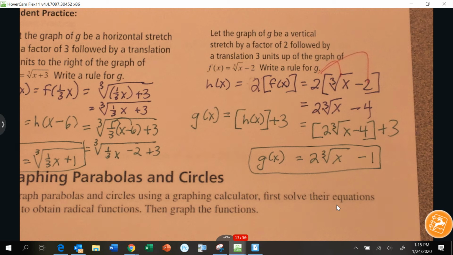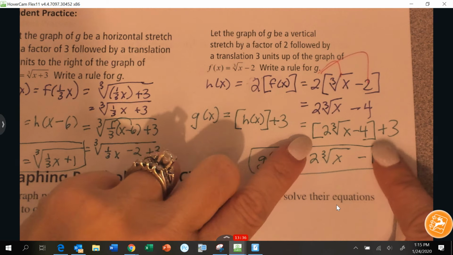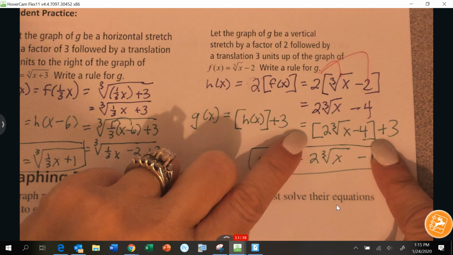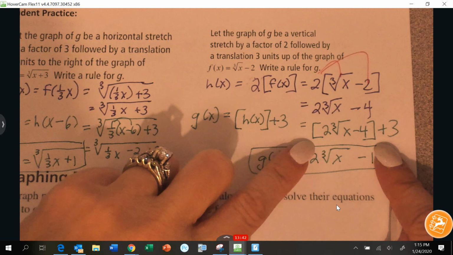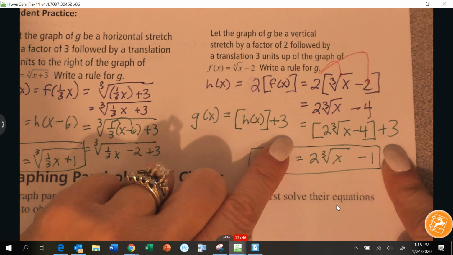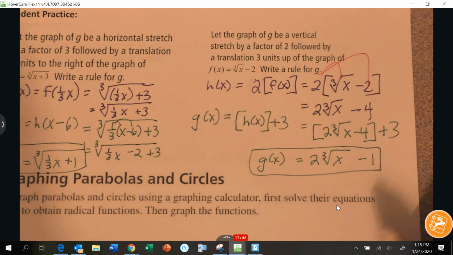Did you distribute? So you moved the brackets and then added. Yeah, because there was nothing outside of this multiplying. There wasn't a subtraction. It doesn't change anything.